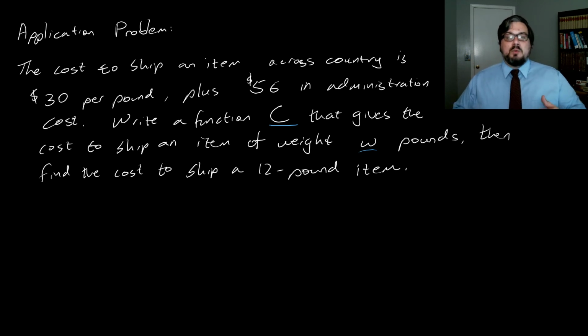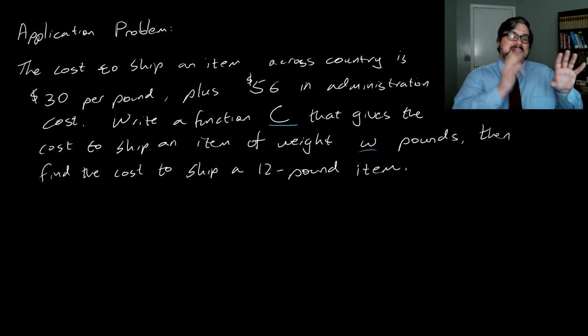I don't typically walk into some place and say, oh, hey, I've got $100 to spend. How big an item can I ship? That's usually not how it goes. And so it makes the most sense in the context of what we're familiar with to use weight, the weight of the item, as the independent variable, the thing that changes on its own, or has its own value. And then the cost is the dependent variable.